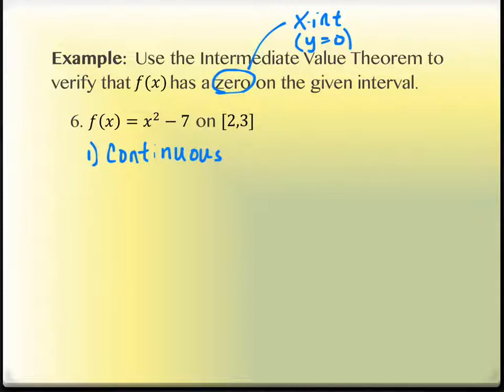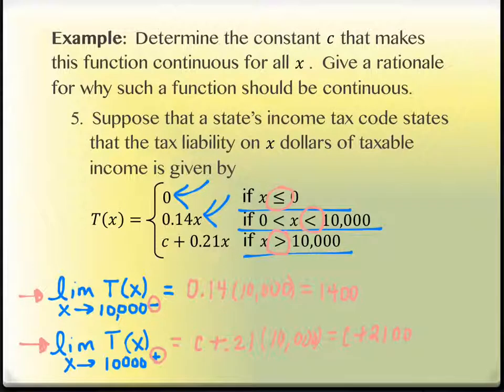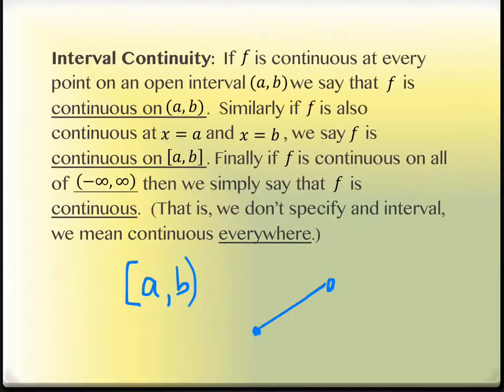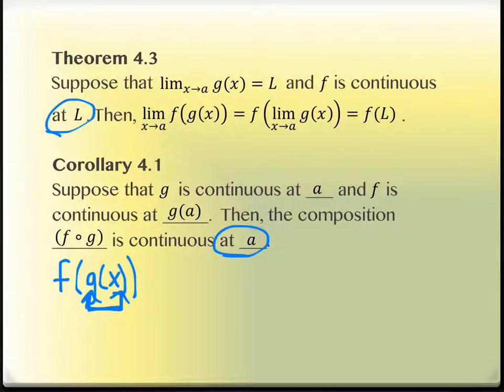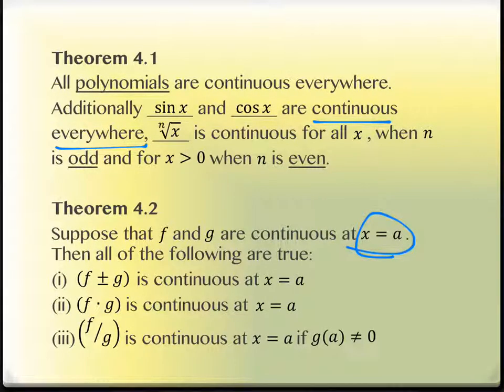It is. Do you know what we can state is the reason that we know that this function is continuous? It's a polynomial function, isn't it? Theorem 4.1 talked about polynomials. It says polynomials are continuous everywhere.